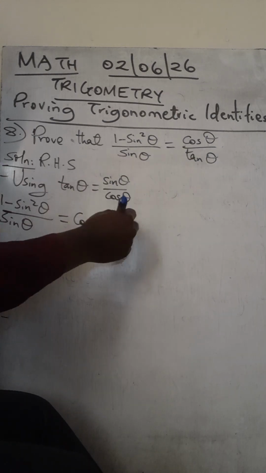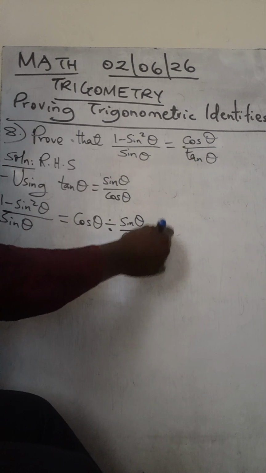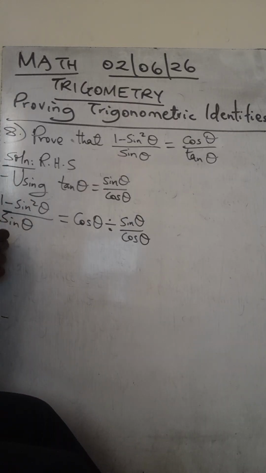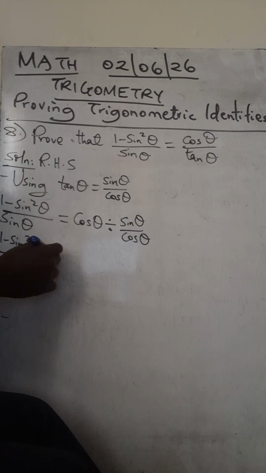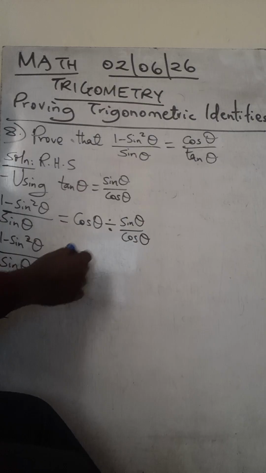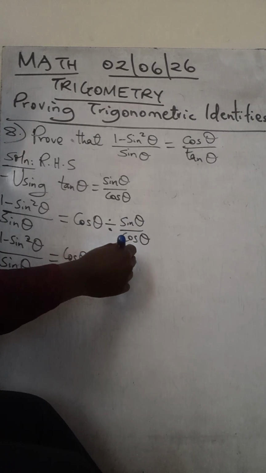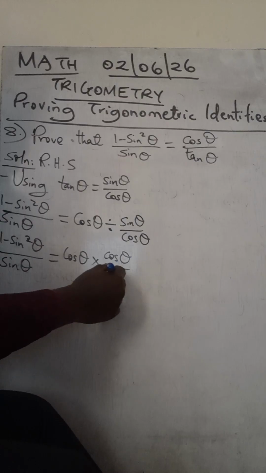I'm going to use this over cosine of theta. So (1 minus sine squared of theta) over sine of theta equals cosine of theta times cosine of theta divided by sine of theta.